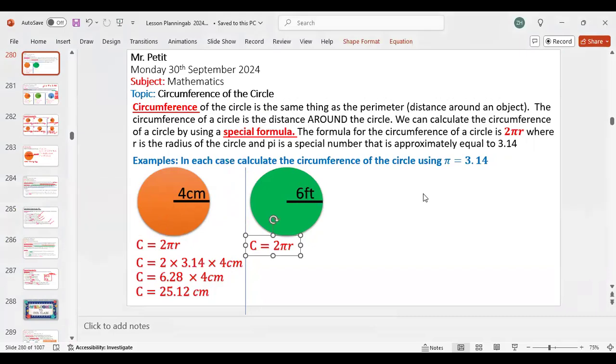Can you explain to me how we're getting the answer for this? Oh, so you want to change the pi and the r into numbers. So pi would equal 3.14. And the radius would be 6 feet. Good. So it's gonna be 2 times 3.14 still times what? 6 feet. Very good.